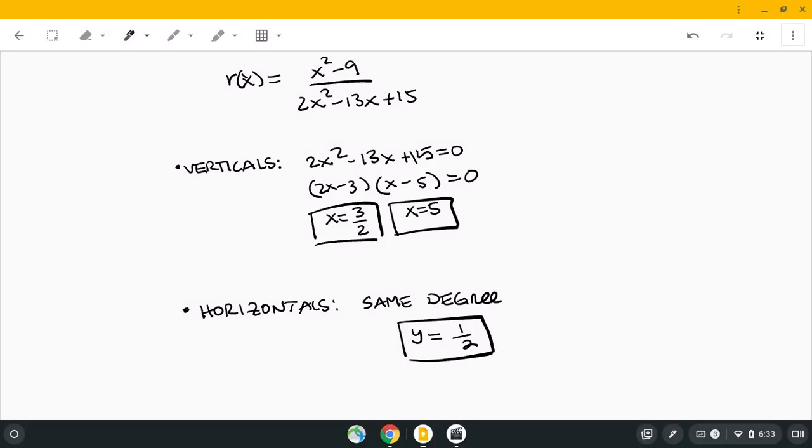So here, if I were to start graphing this, I would have verticals at 1.5, so I would have a vertical here, and one at 5, 1, 2, 3, 4, 5. So I would have those two verticals, at 1.5 and 5, and then I would have a horizontal at 1/2, so right around here.